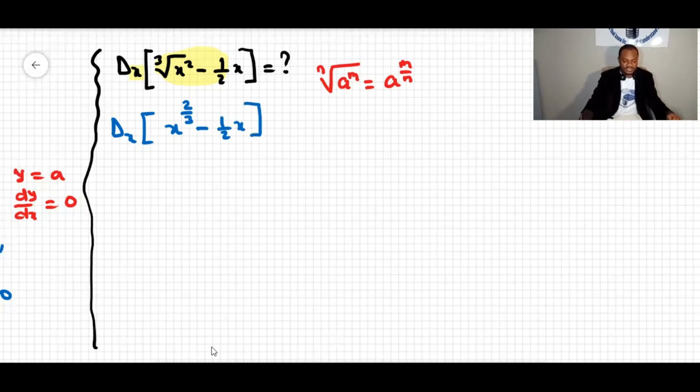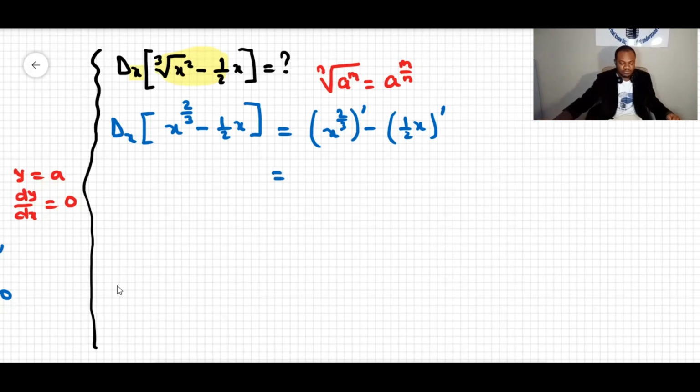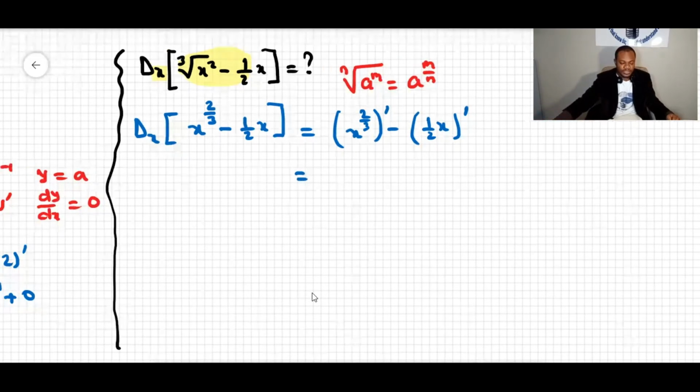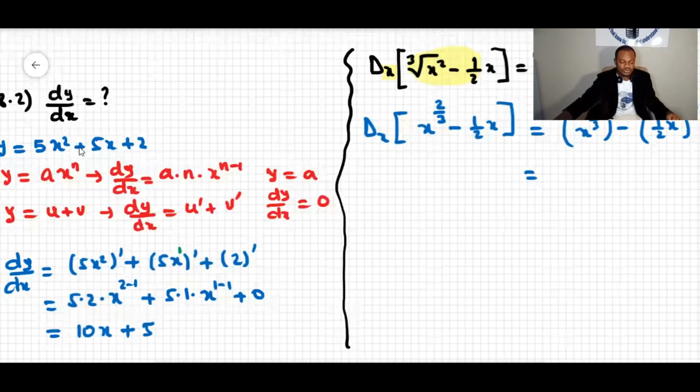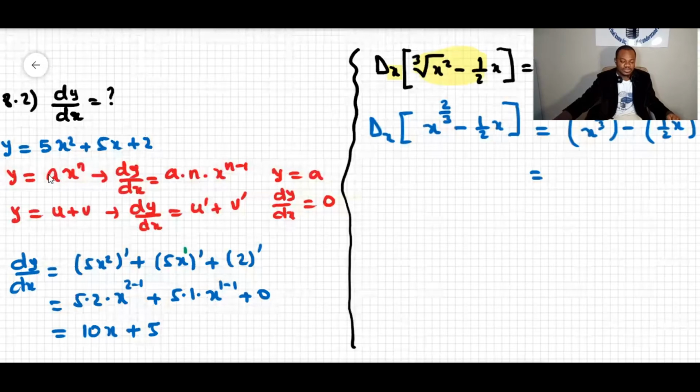So to differentiate this, we will work out the derivative of x to the power of 2 over 3, minus the derivative of a half x. Here we will apply that property of derivative. Meaning we move the exponent down, times it with the coefficient, and then x to the power of n minus 1.